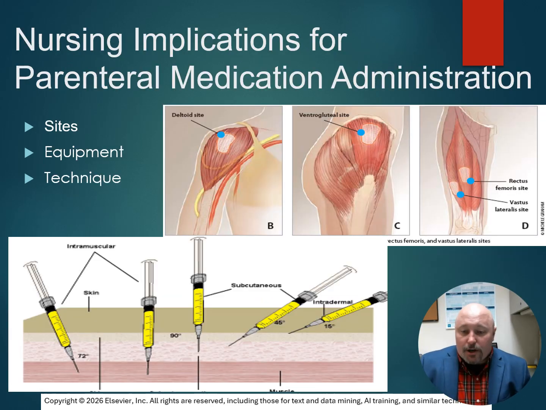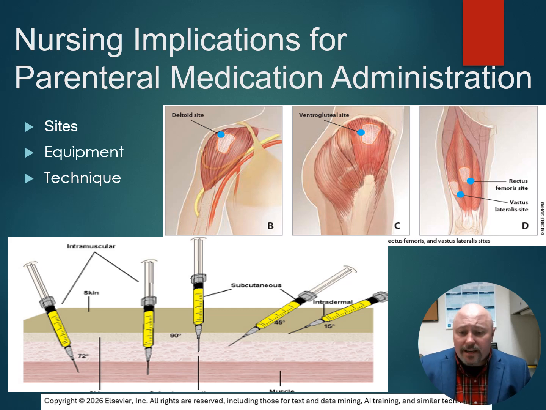Other techniques to know with IM and injection medications. At our top, we have our three primary sites for IMs. That's going to be your deltoid on your shoulder, that ventrogluteal up in the upper buttock, upper hip, and the vastus lateralis in the side of that thigh. One thing to know about ATI NCLEX, their favorite site is going to be ventrogluteal or vastus lateralis.